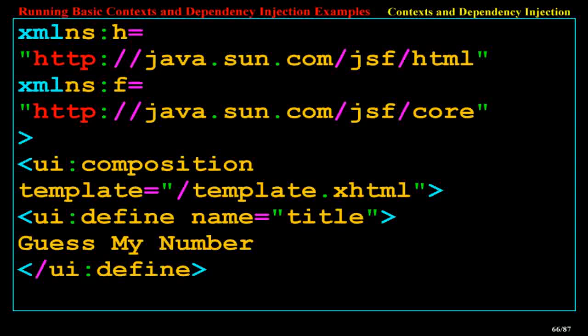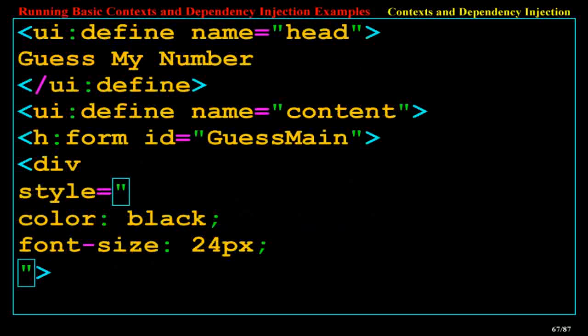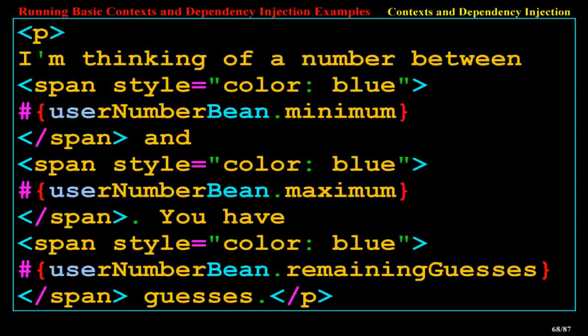ui:define name="title": Guess My Number. ui:define name="head": Guess My Number. ui:define name="content": h:form id="GuessMain". div style="color: black; font-size: 24px". p: I'm thinking of a number between span style="color: blue" userNumberBean.minimum span and span style="color: blue" userNumberBean.maximum span.